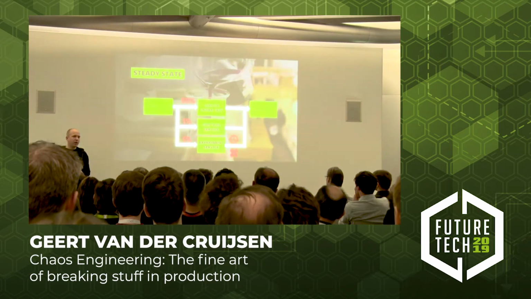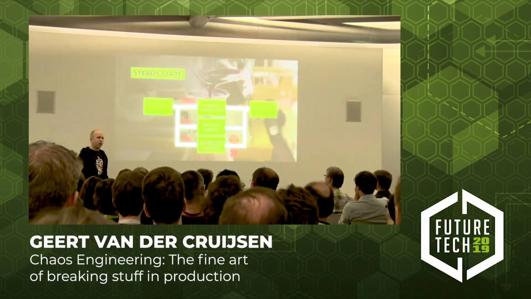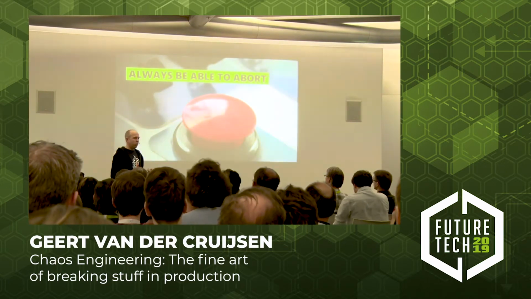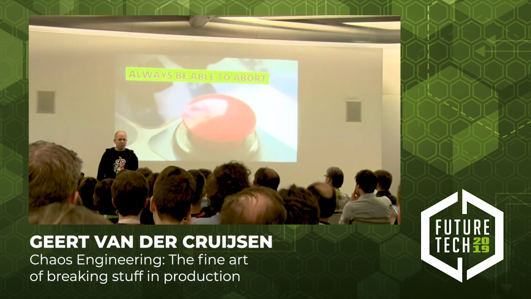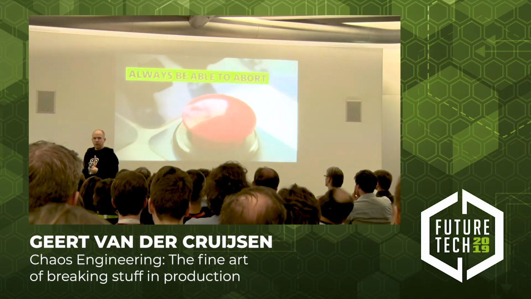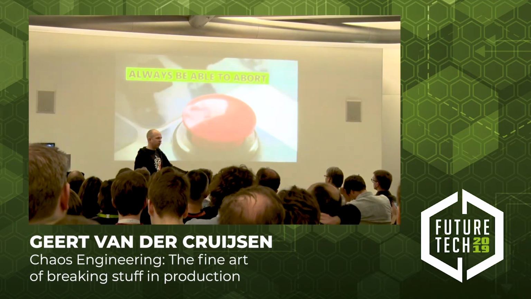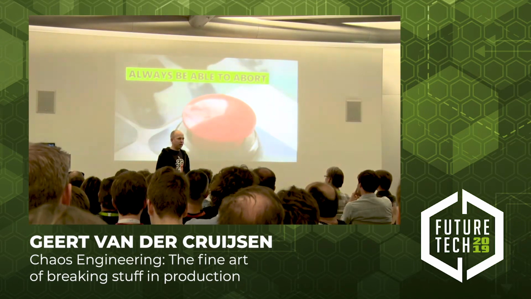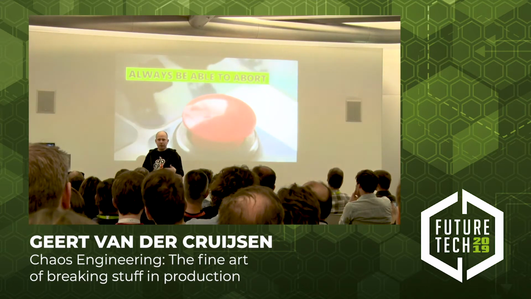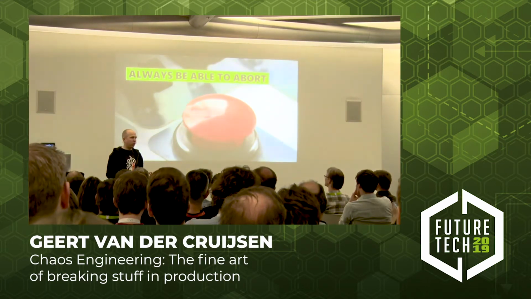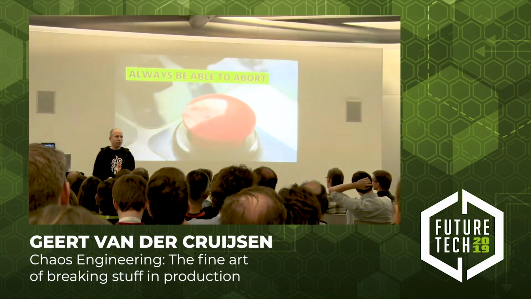One important part in doing these chaos experiments is you should always be able to roll back fast. So what would happen if there wasn't a database? You can just delete the database, of course, but if that will take hours to restore, you could think of other examples that are far easier to roll back.